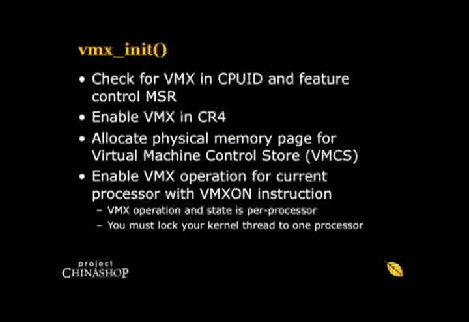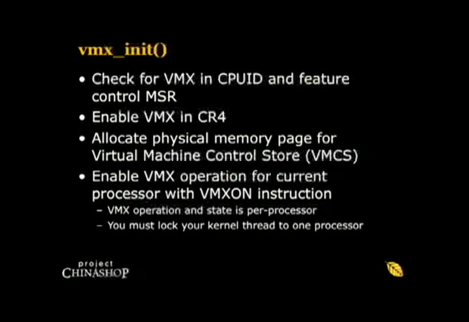So when I'm initializing it, I have to enable it, allocate some physical memory for the VMCS page, and enable VMX operation for the current processor. That brings up a good point: VMX operation and state is per processor.